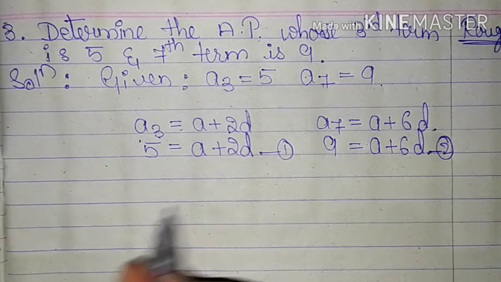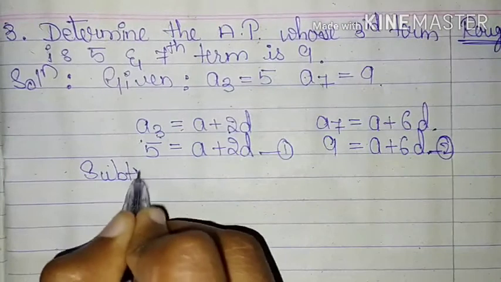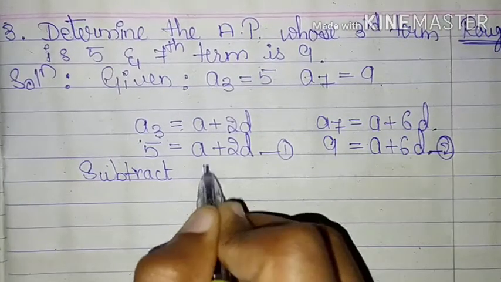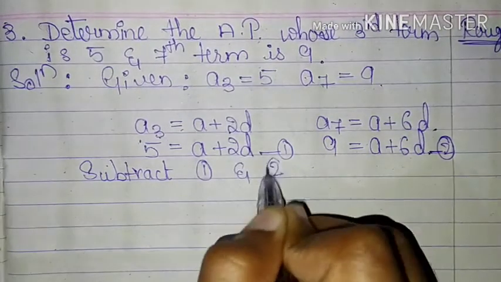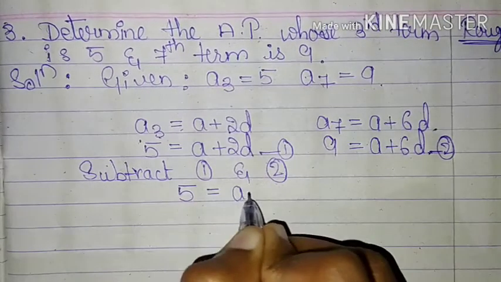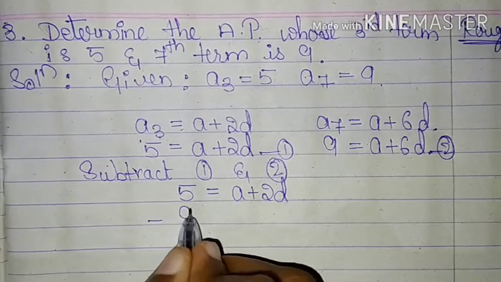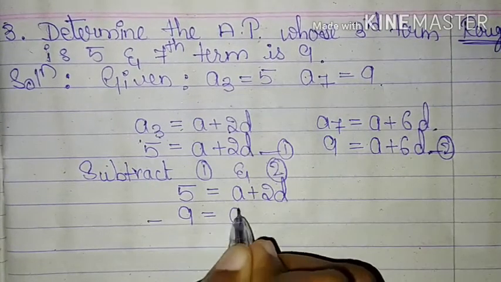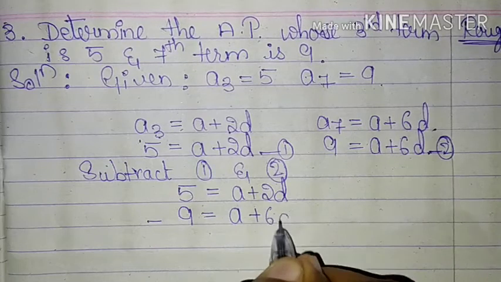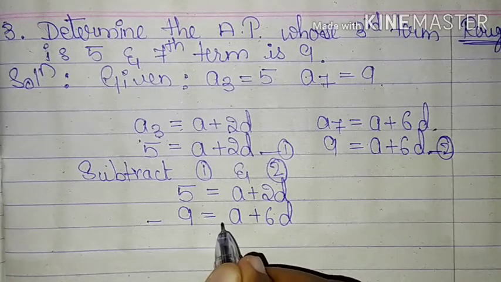Okay, here we have two algebraic equations. What I'll do, I'll just subtract them. Subtract 1 and 2. What we'll get? 5 is equal to A plus 2D minus 9 is equal to A plus 6D. Since we are subtracting, the signs of the lower equation will change.